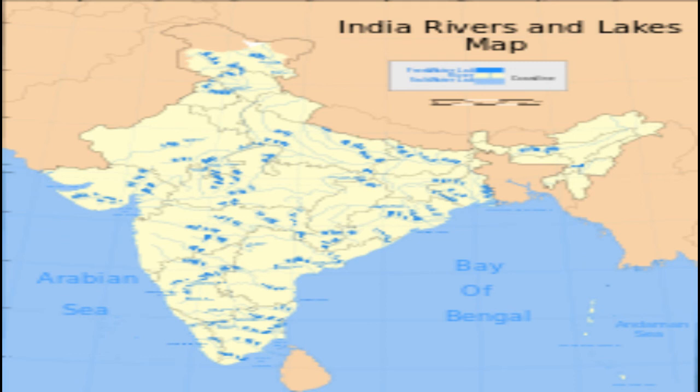These lagoons and backwaters we find on the west coast. One well known, popular example I have taken is Ashtamudi lagoon. These are shallow.